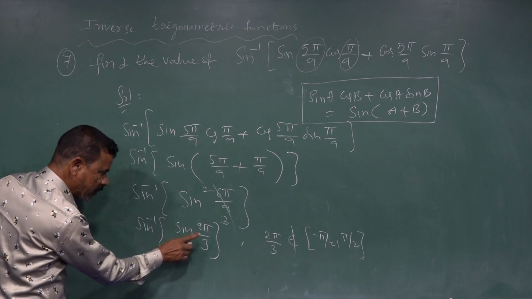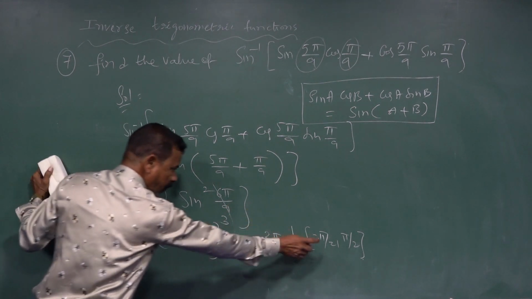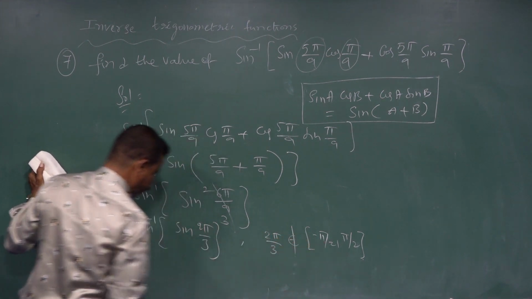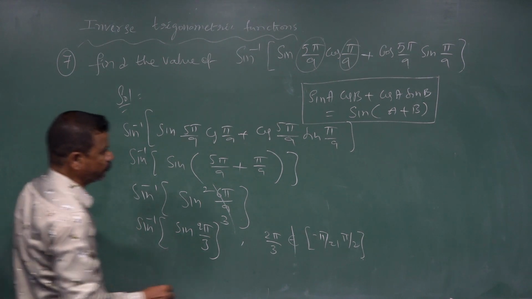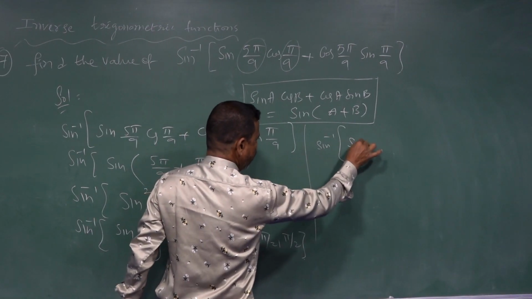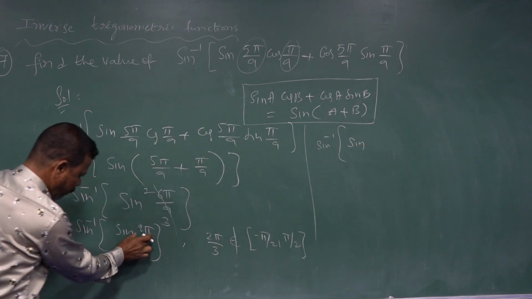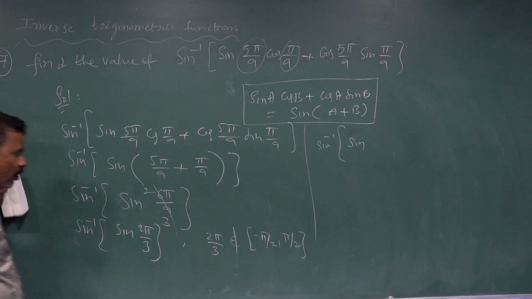That's why this value must be changed to another value in between. How do we change it? Sin inverse of sin 2 5 by 3, which is actually 120, in the second quadrant.